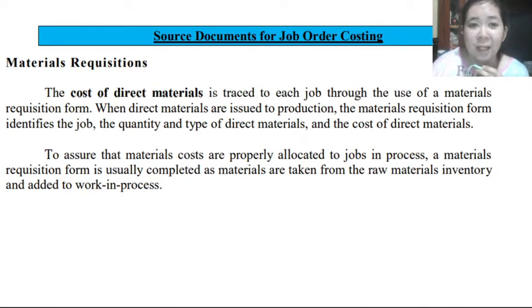To assure that materials costs are properly allocated to jobs in process, the form is usually completed as materials are taken from the raw materials inventory and added to our work in process, meaning each time there is a need for the use of direct materials.